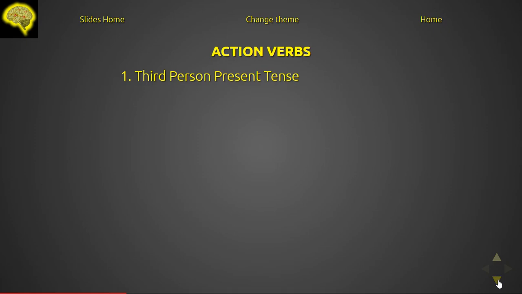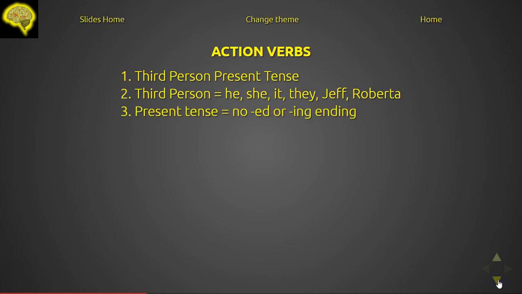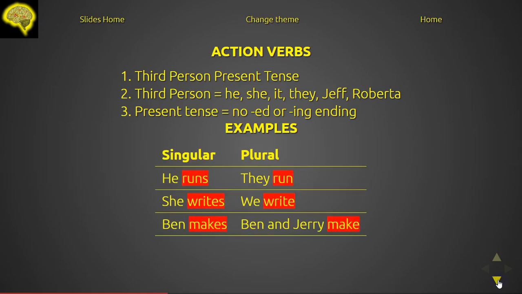So again, to reiterate, third person present tense. And by third person we mean he, she, it, they, Jeff, Roberta, proper names, and so on. And by present tense we mean no ed or ing ending, so no past tense. So here are some examples.